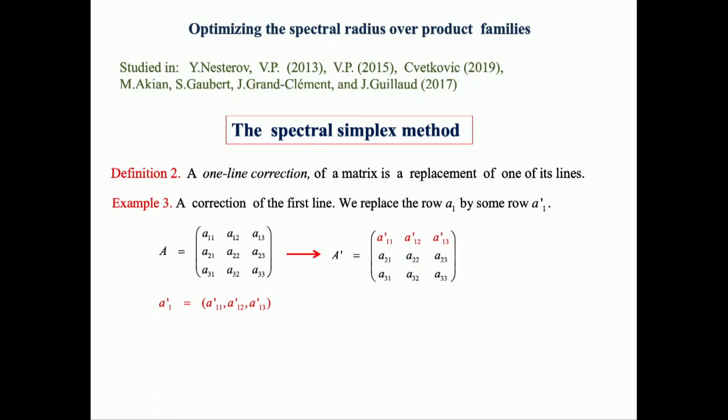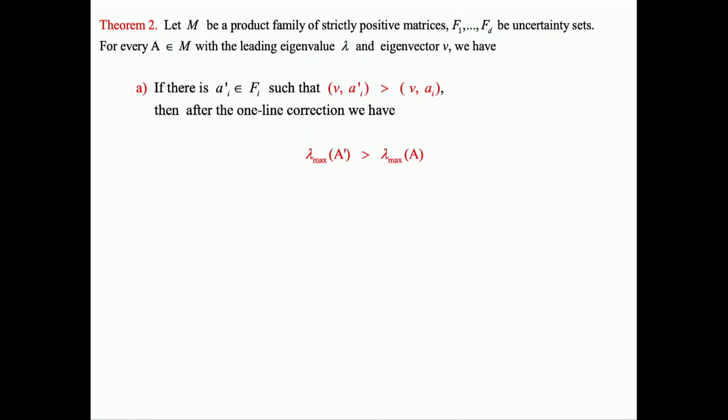Assume that v is a leading eigenvector, and this is the set F_i, the set of points for the ith row of our matrix. We can choose every row we want, and the optimal strategy is to choose the one with the maximal projection. So we choose this row and put it into the ith position. So we make a rank-one correction of a matrix.